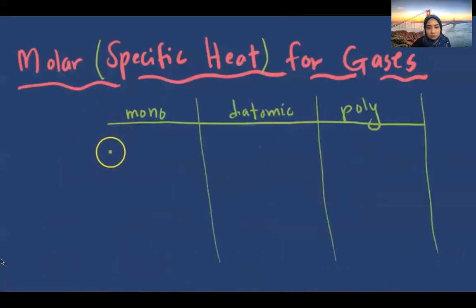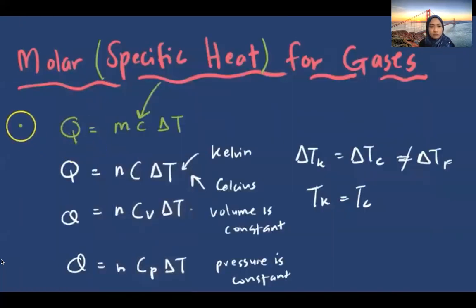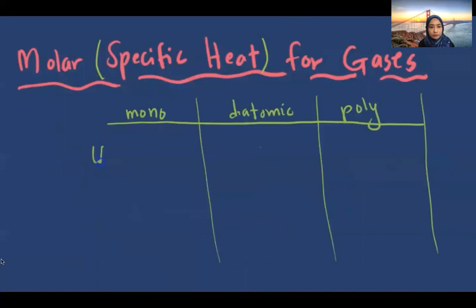So recall that we have learned the equation for internal energy of a gas, which is U equals 3/2 nRT.